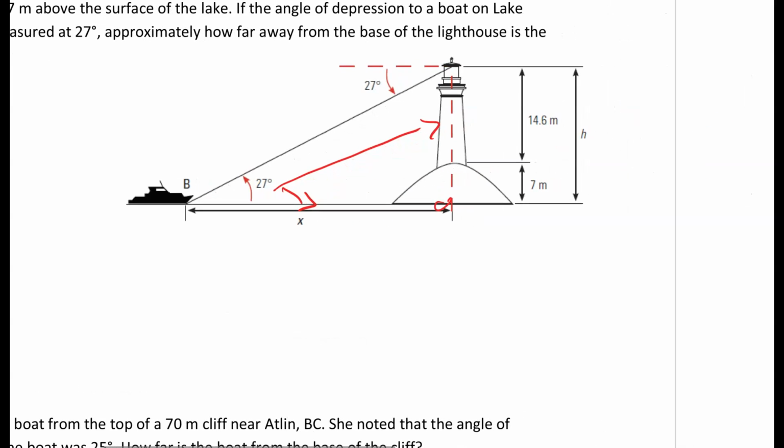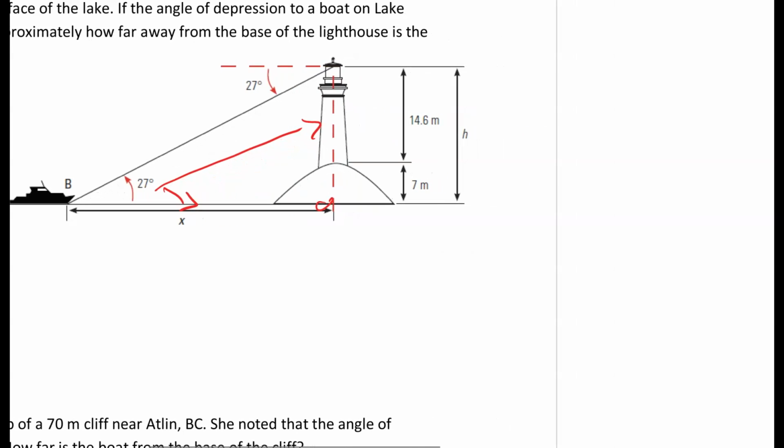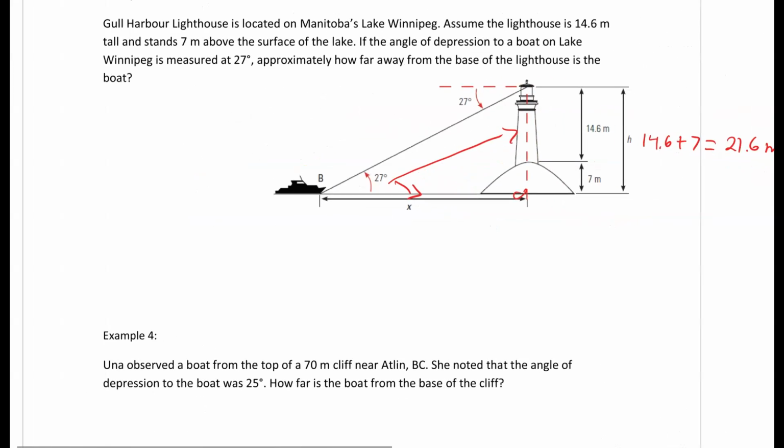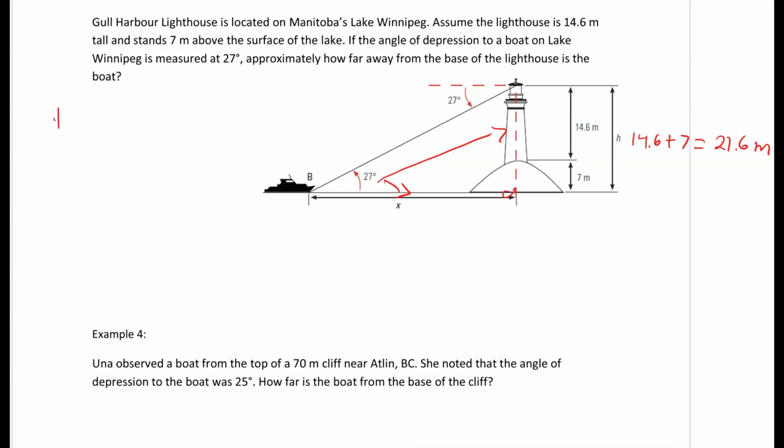So our height for our lighthouse plus the hill would be 14.6 plus 7, which gives us 21.6 meters. So we're going to use that 21.6 meters, and we'll have tan theta equals opposite over adjacent.